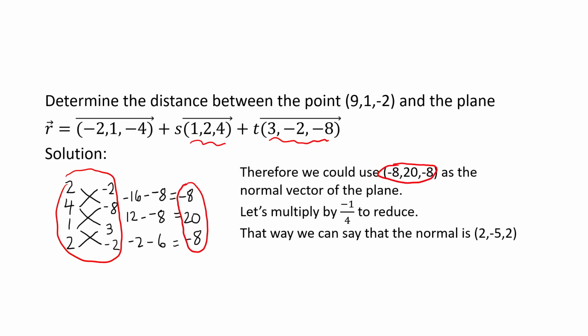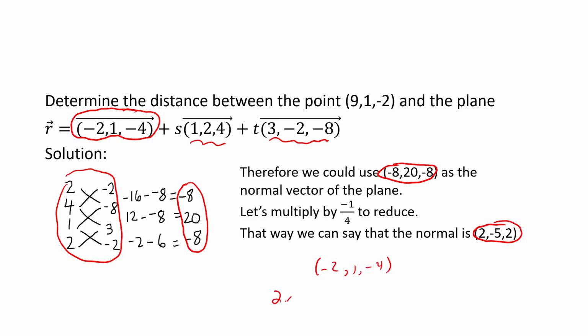We can multiply that through by -1/4 to reduce it to (2, -5, 2), because right now all we're really trying to do is get the equation of the plane. Since (-2, 1, -4) is a position vector for the plane, that means the point (-2, 1, -4) is a point on the plane.